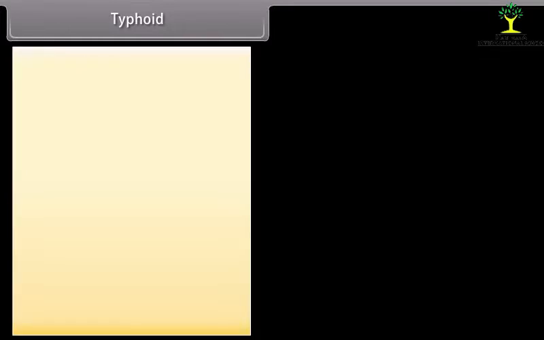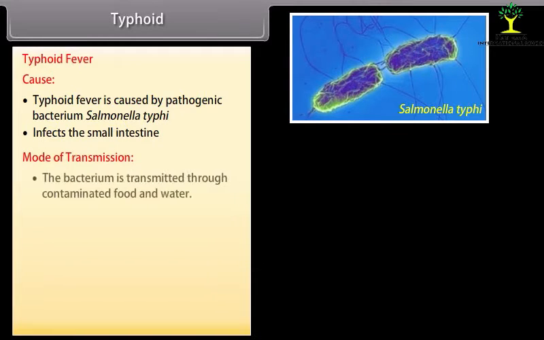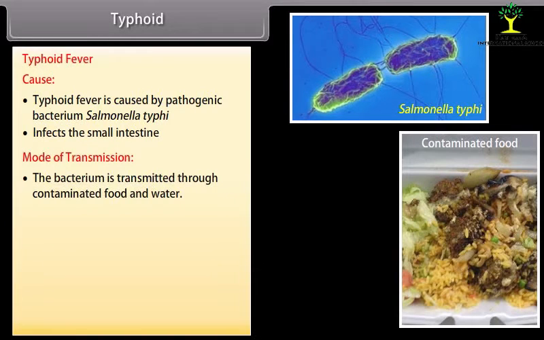Typhoid. Typhoid fever. Cause. Typhoid is caused by pathogenic bacterium Salmonella typhi. Infects the small intestine. Mode of transmission. The bacterium is transmitted through contaminated food and water.